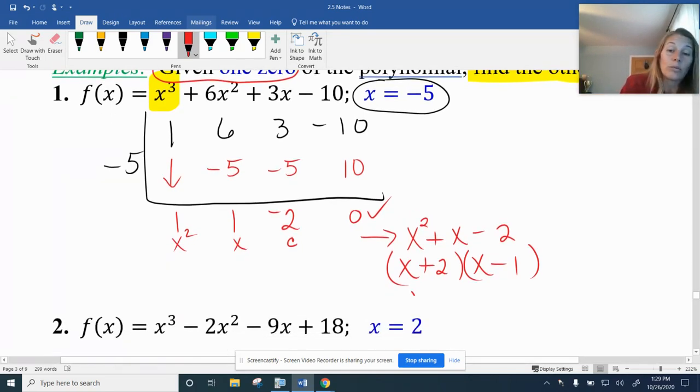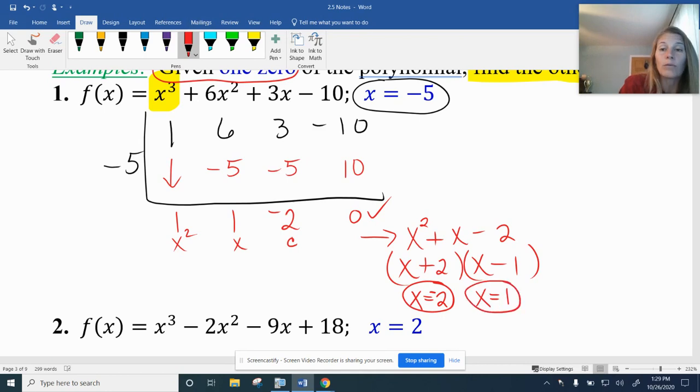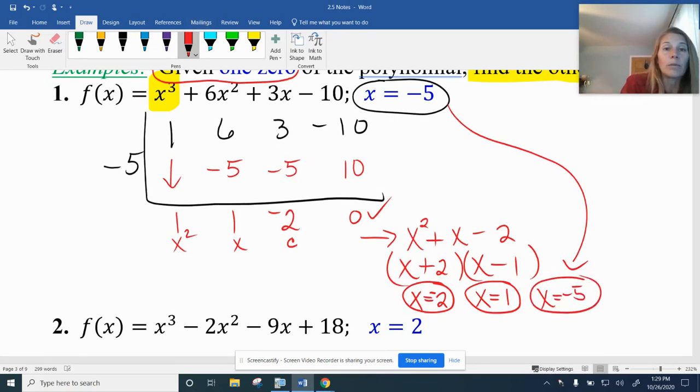So using your zero product property, you know that this is going to be x equals negative 2. This one is going to be x equals positive 1. And of course, your other 0 there would be x equals negative 5 that you had from the beginning. So you want to make sure if it's a cubic, you have three final answers, the one that was given to you and then the remaining two.